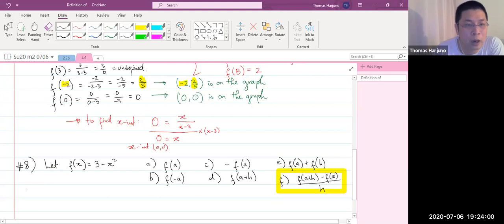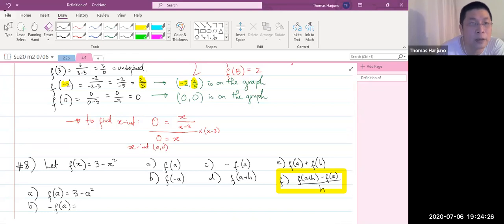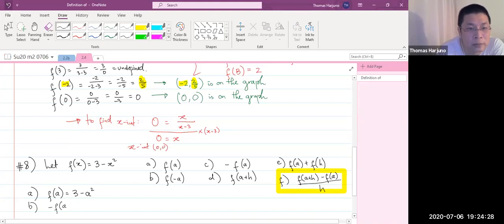Okay, let's see part A. If f of x equals 3 minus x squared, then f of a will be 3 minus, replacing x by a, right? This is the furthest I can go. Part B is f of negative a.